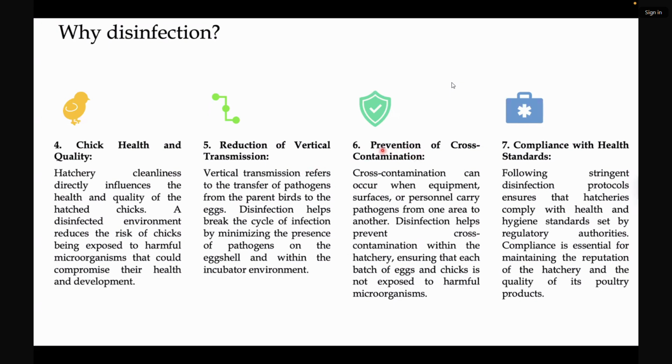It also helps to prevent cross contamination, like from one incubator to another, if we are not doing the disinfection properly. Many of the equipment we share between different incubators.